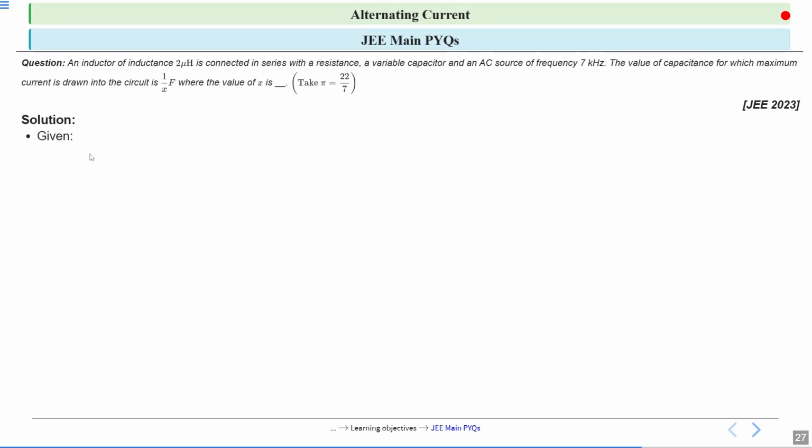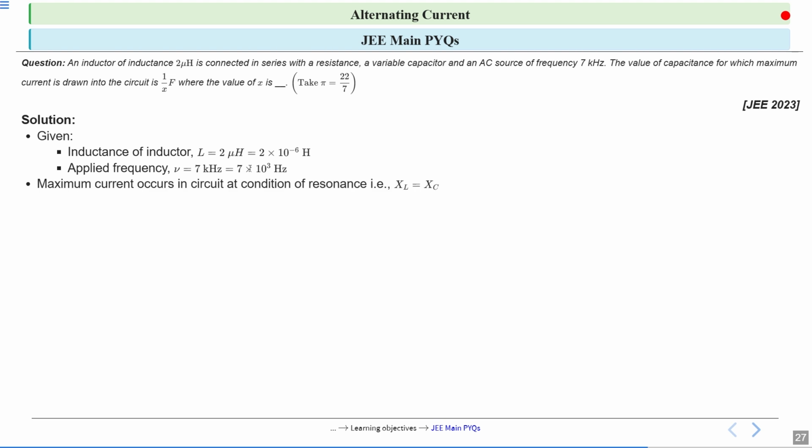So what is given in the question? The inductance of the inductor is given, L equal to 2 microhenry, which is 2 into 10 to the minus 6 henry. The applied frequency nu is equal to 7 kilohertz, which is 7 into 10 to the power 3 hertz. Maximum current occurs in the circuit at the condition of XL equal to XC. This is the condition of resonance, which is given in the question for maximum current.